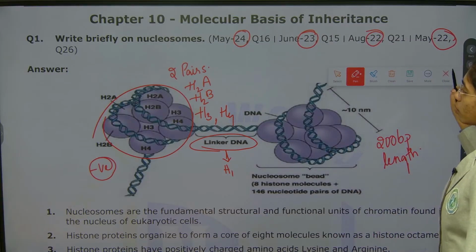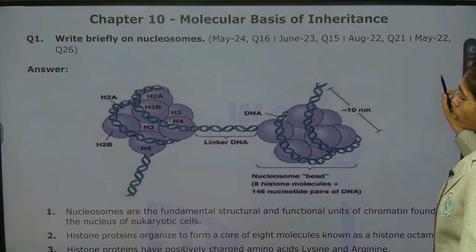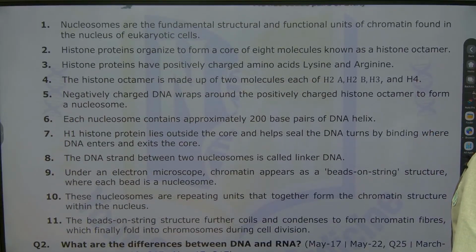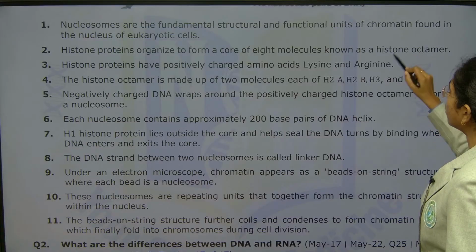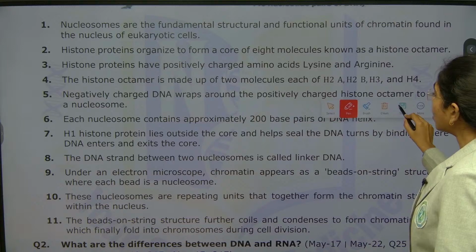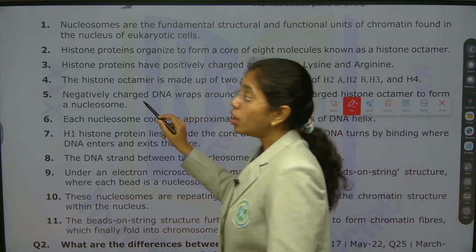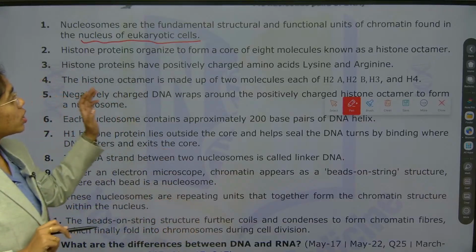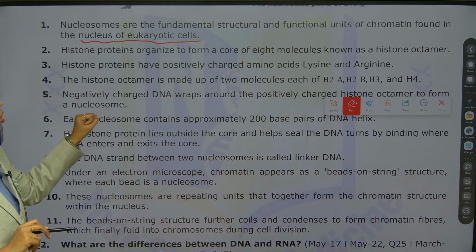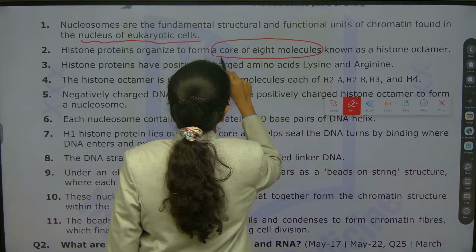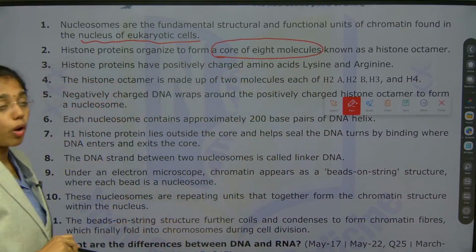Now we will look into the systematic presentation of the answer. First, the nucleosome is a fundamental structural and functional unit of chromatin that is found inside the nucleus of the eukaryotic cell. The histone proteins are organized to form a core of how many molecules? 8 molecules.